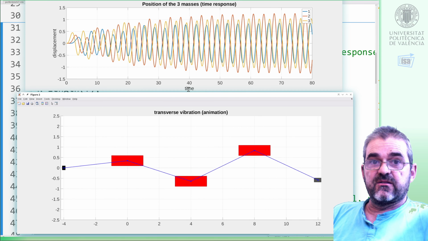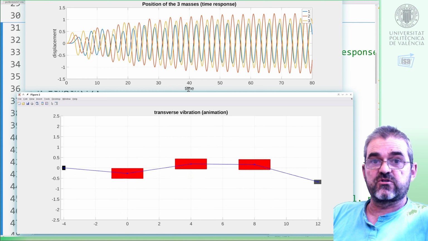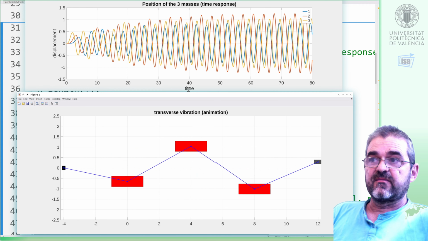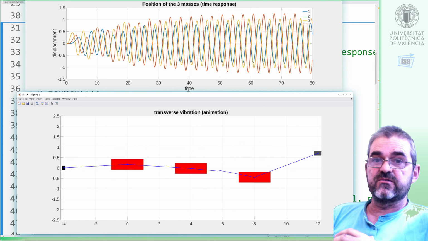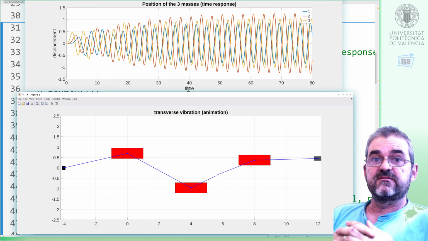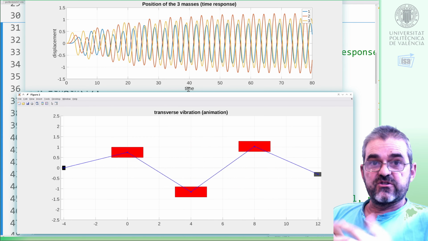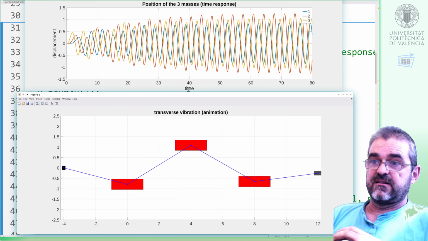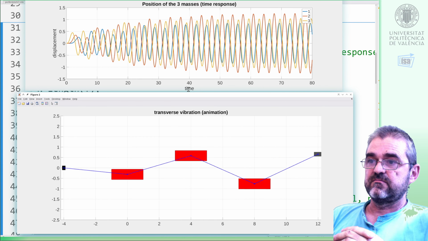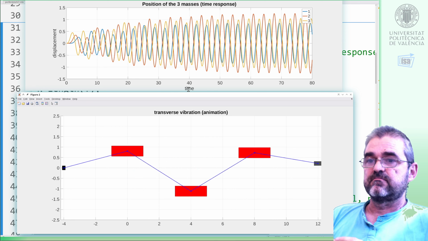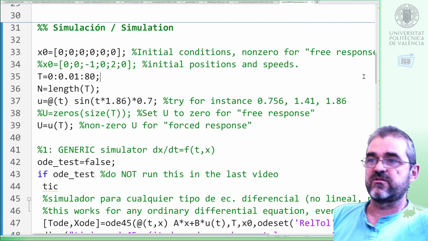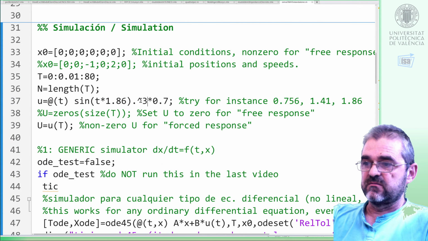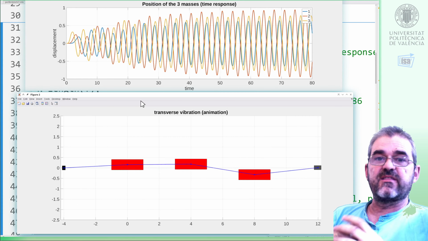Of course, input does not necessarily need to be sinusoidal. We can put whatever input we wish, but these particular sinusoidal inputs are of importance in vibrations, in alternating current, in electrical circuits, etc. But of course, if I change the sinusoid to a cube of a sinusoid, no problem with that.